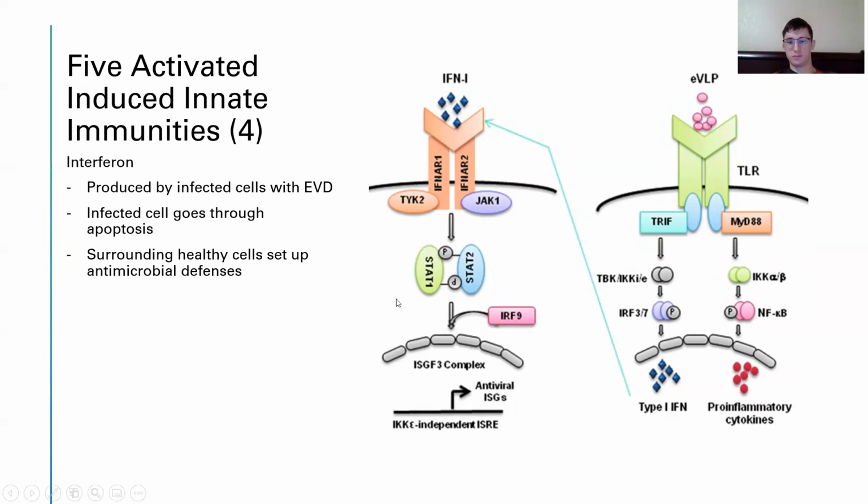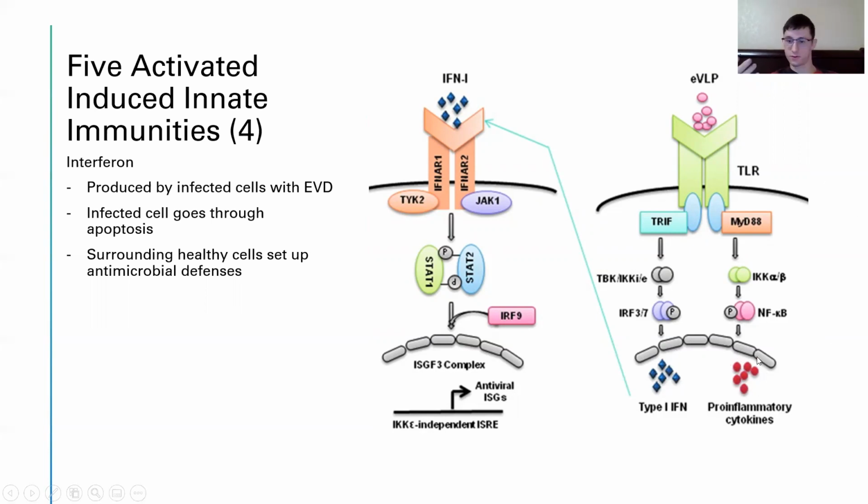So for example, let's see here. So this actually is a diagram of Ebola right here. Boom, it comes here into an infected cell. This infected cell creates type 1 interferon and also produces pro-inflammatory cytokines. So boom, inflammation is going to be created.